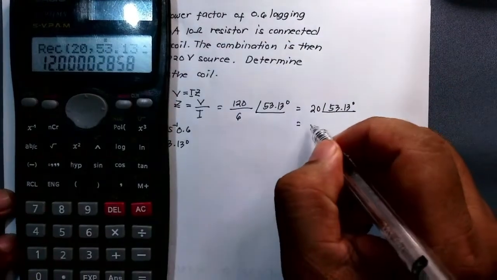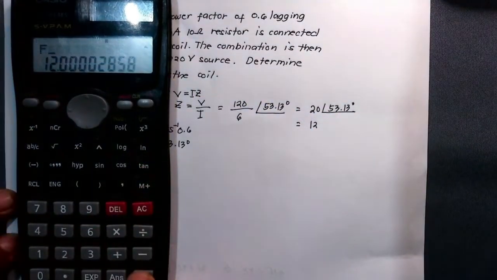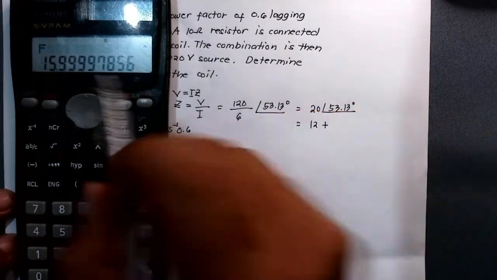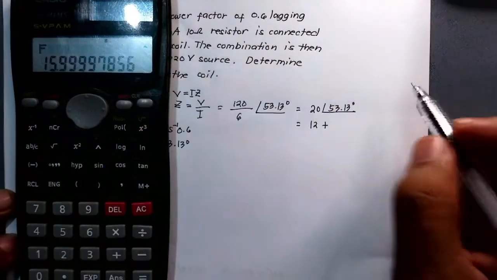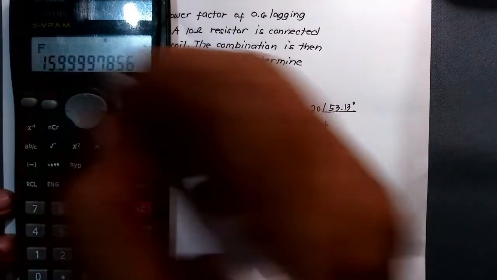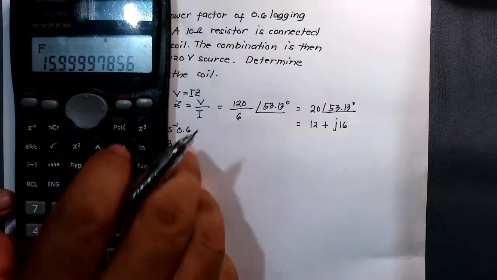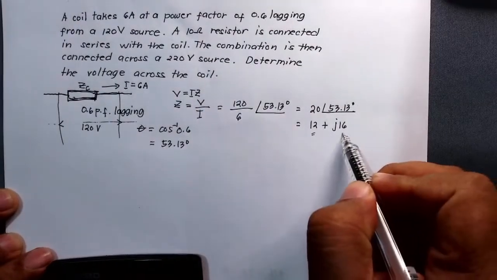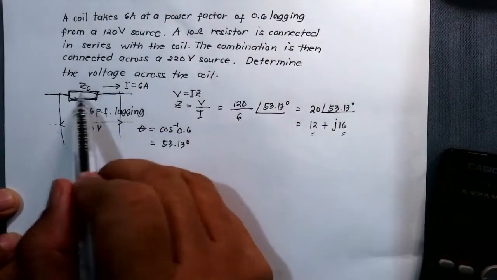You have 12, and the imaginary part is 15.99, so we'll just round it up to a whole number, so that will be j16. This is your R and this is your X. So this is now the value of ZC.